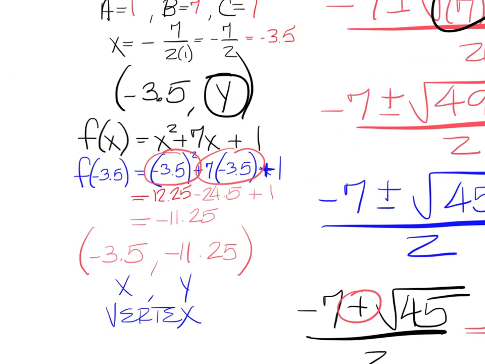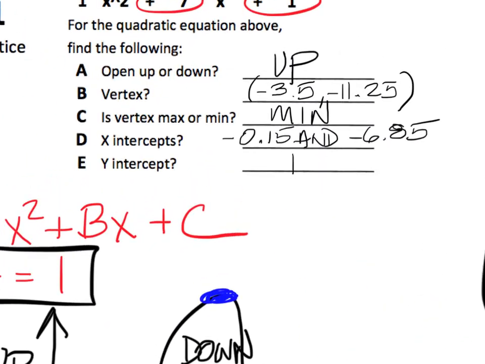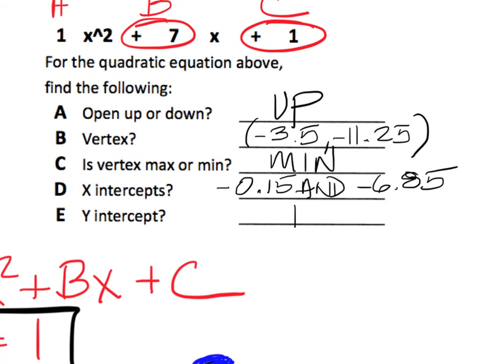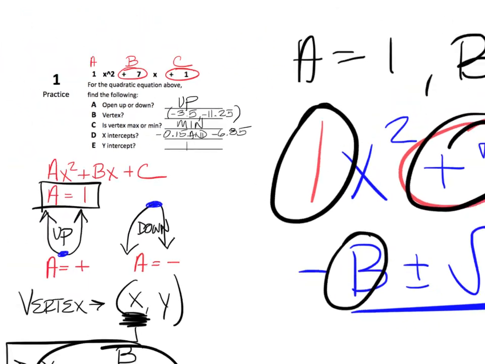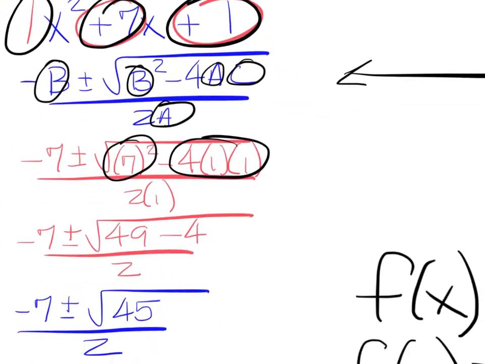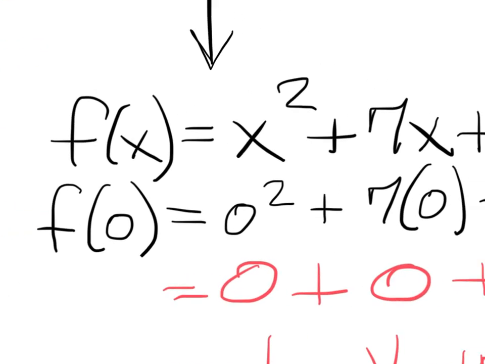We put those answers up here like this in our answer column. And then the last thing that we have to do is find the y-intercept. The y-intercept can be found by plugging in 0 into the function. And we did that over here.